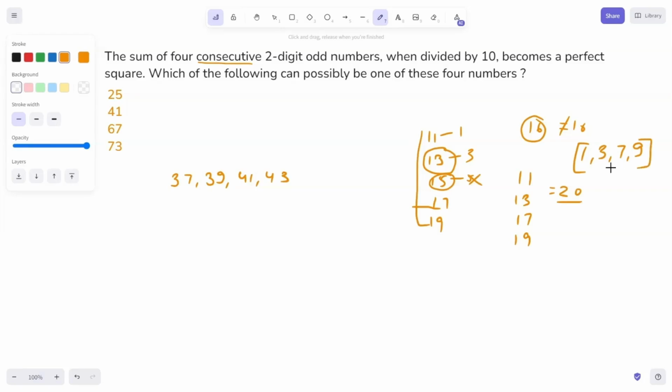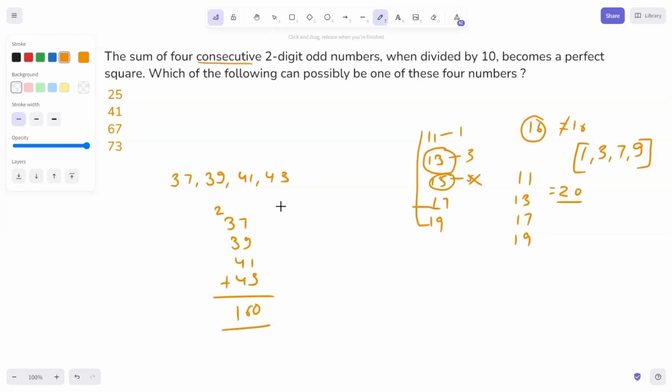Now let's see the sum of these numbers. 4, 1, 4, 3 plus 7, 3, 10, and it is also 10. It is 20 and 2 carry, and 4, 4, 8 plus 2, 10. It is 160.